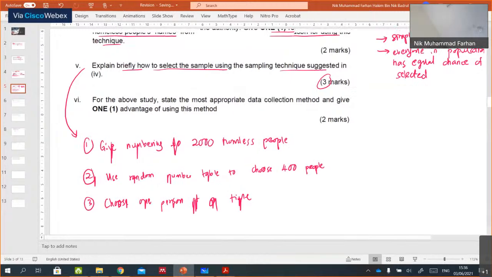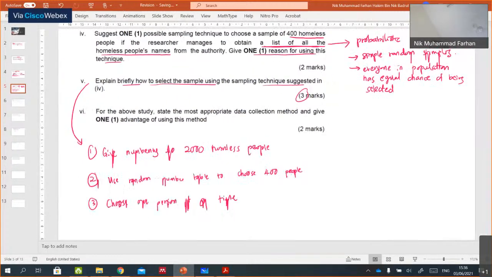Okay. So next, for the above study, state the most appropriate data collection method. So we want to collect the data. So what is the most appropriate data collection method? So macam mana nak buat data collection method? Kalau tahun lepas saya terima macam-macam lah. Hantar Google Form.